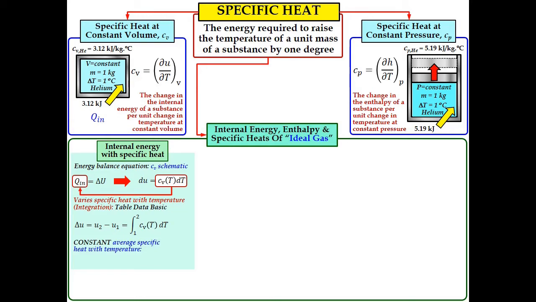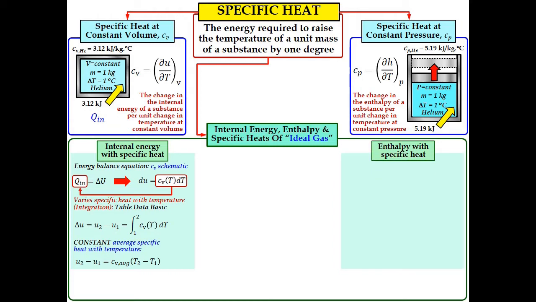However, for constant average specific heat with temperature, we can use the equation for the internal energy difference: U2 minus U1 equal to Cv average multiplied by the temperature difference T2 minus T1. The value of Cv average we can obtain from the table in any thermodynamic books, for different types of gases.